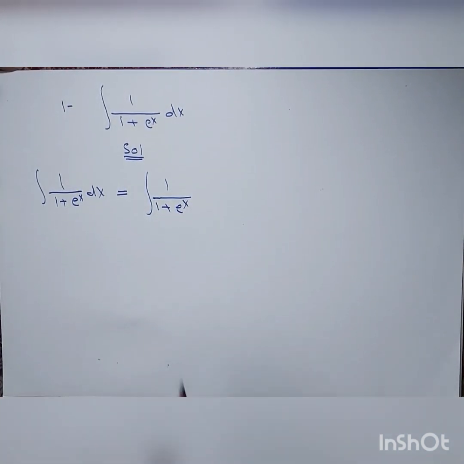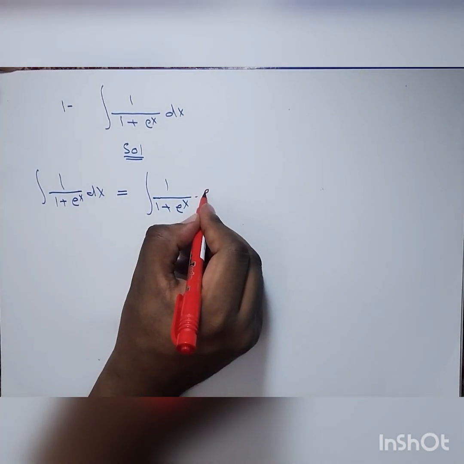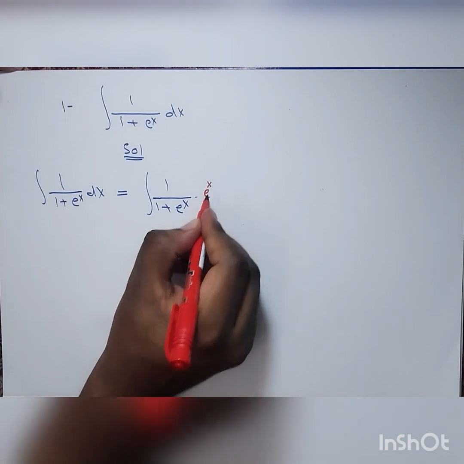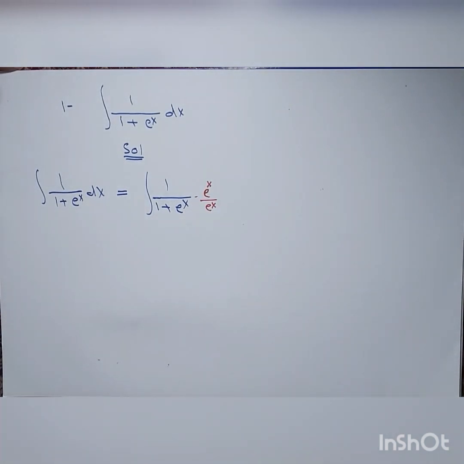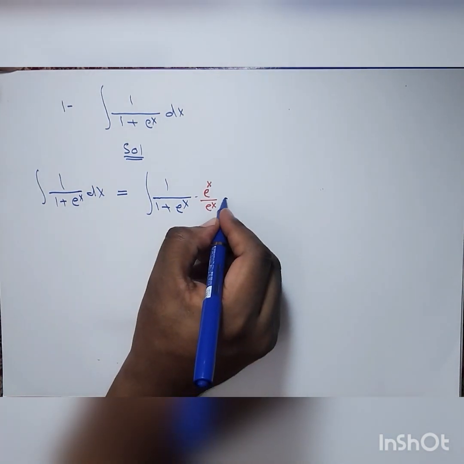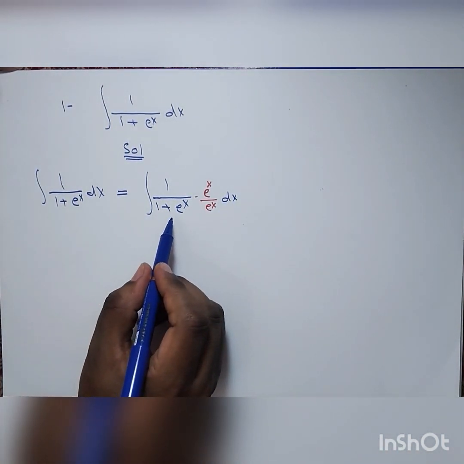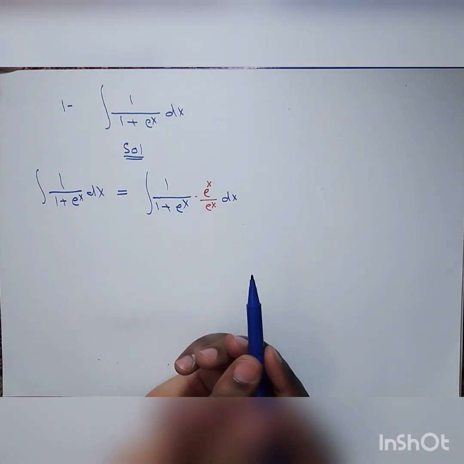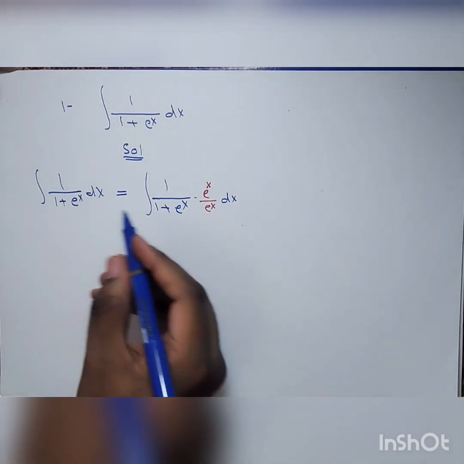But now what we can do is multiply by e to the power x and divide by e to the power x, and now we will see why. This kind of integration requires a bit of skill, and those skills just come from practice. So the more you practice, the more you learn.